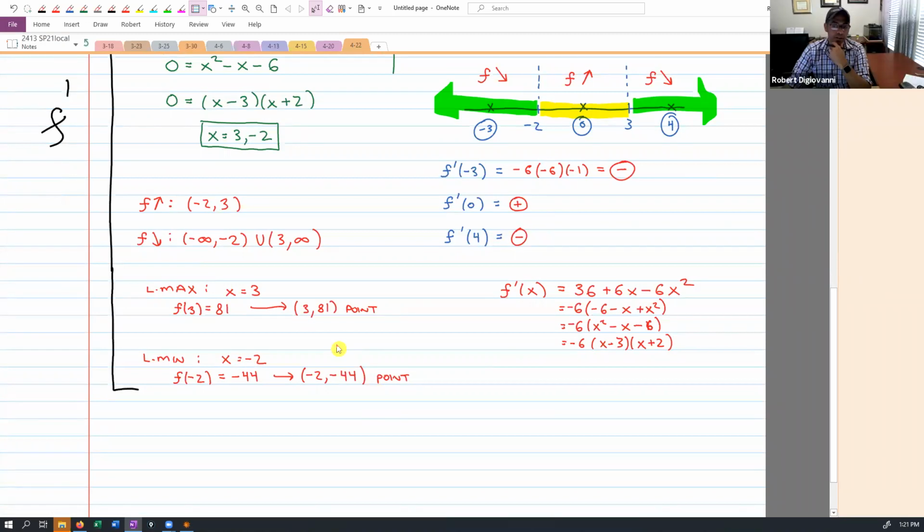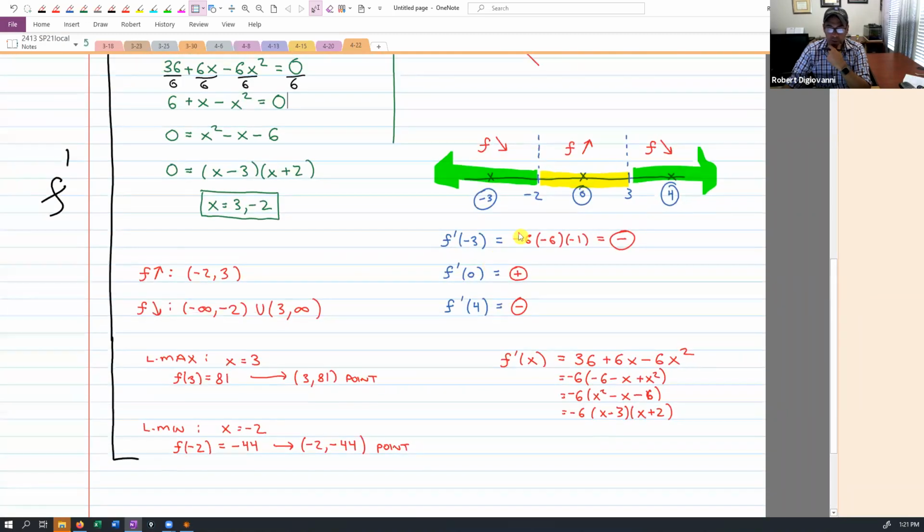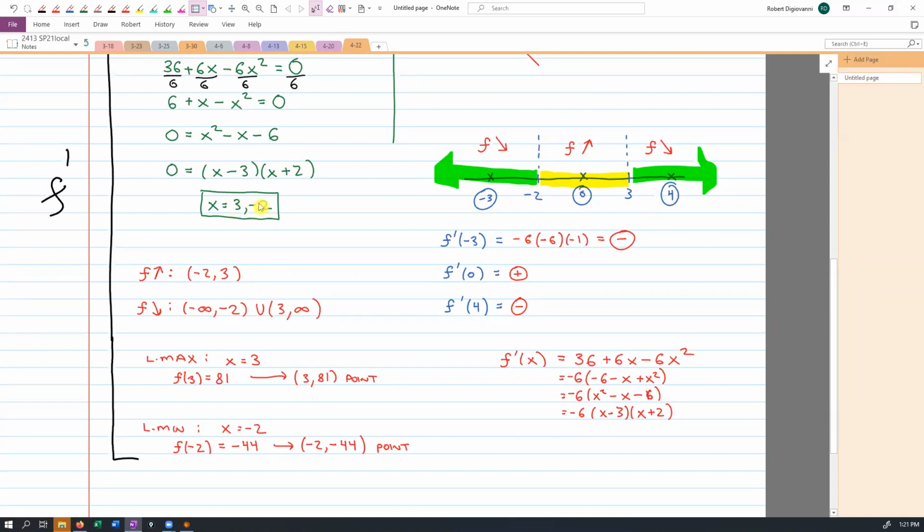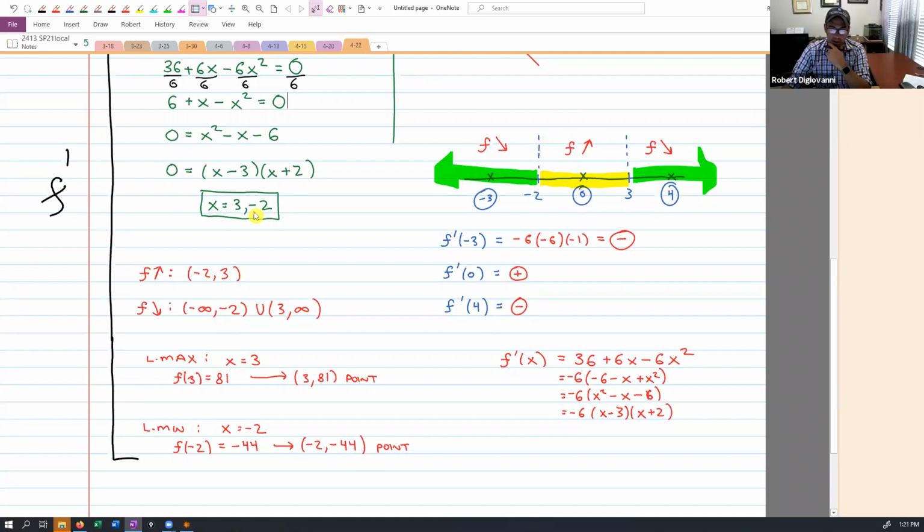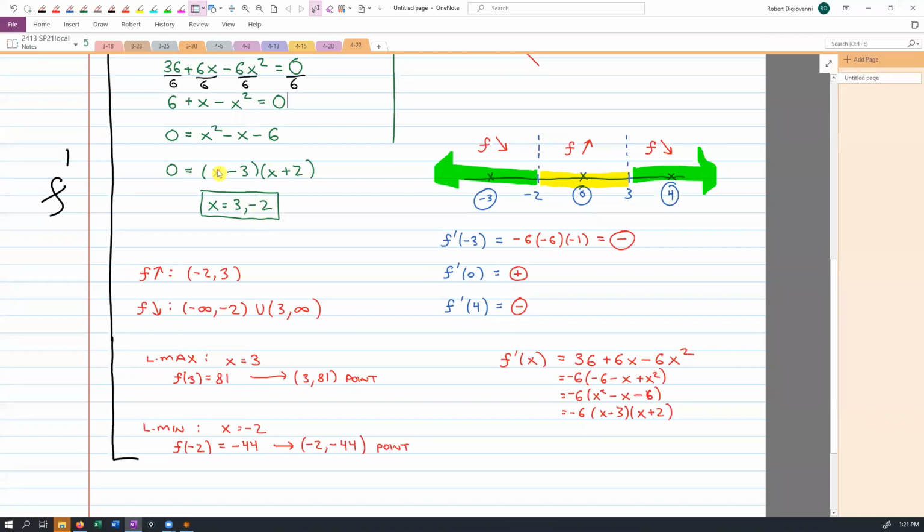You have to go through the process. You can't just plug in 3 and -2 into the original function, because all you know is that the derivative is 0 at 3 and -2.